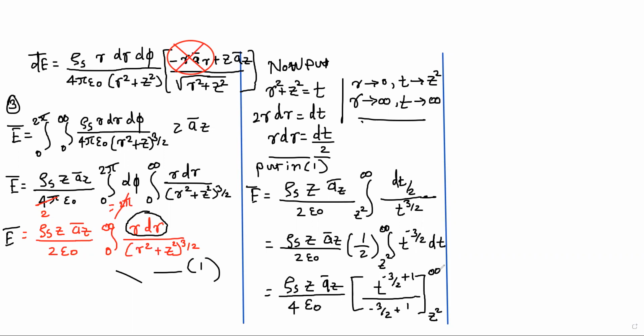Okay? Understood till here? Understood by everyone? Yes, sir. So let us move a little step ahead to simplify this. So E bar is equal to the outside terms as it is, rho s z a bar z divided by 4 epsilon naught.